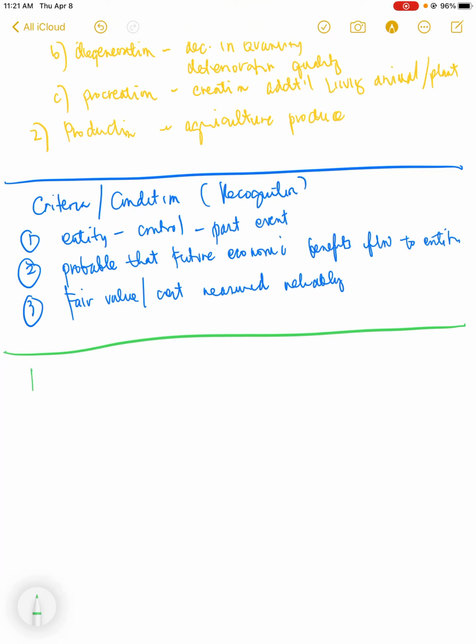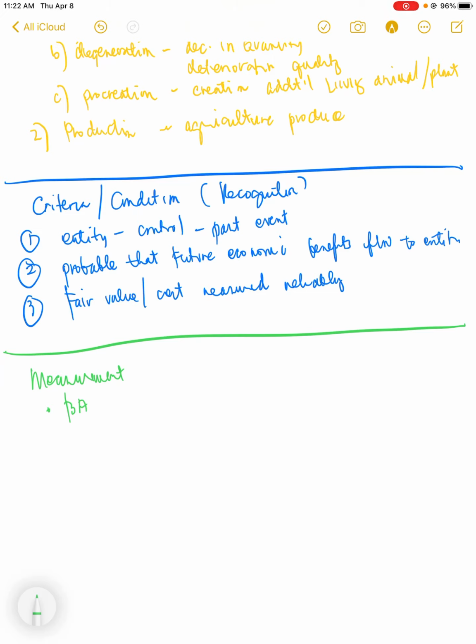No? So, in terms of measurement naman, po, our biological assets must be measured on the initial recognition and at the end of the reporting period.